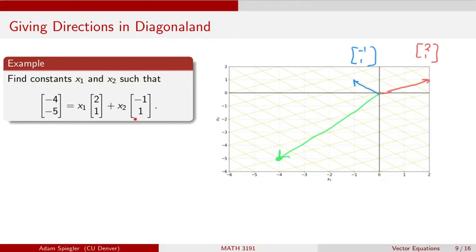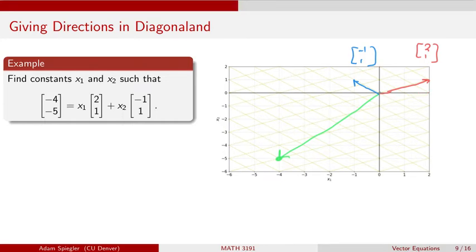So now you can think about this city, which is still set up in a grid, but it's a diagonal grid. And so some of the streets move in a direction which is parallel to the vector 2, 1. So that I've drawn in red over here. So all of these vectors that are going up and to the right, these are all parallel to 2, 1.